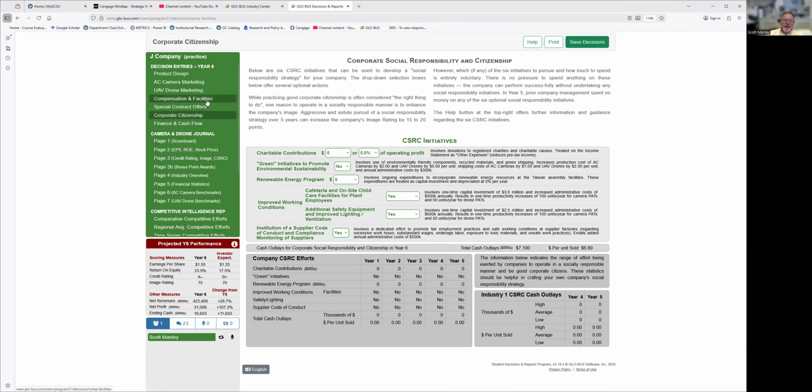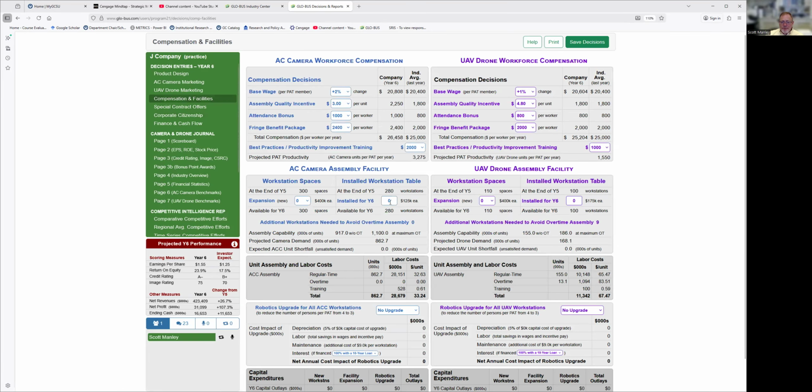So now let's go back to compensation and facilities. What you do want to do is you still want to have an efficient manufacturing facility. Having an efficient manufacturing facility is critical if you're running a cost leadership strategy, but it's even more critical if you're running a differentiation strategy. The fact of the matter is, no matter what strategy you're running, it is about benefits, right?